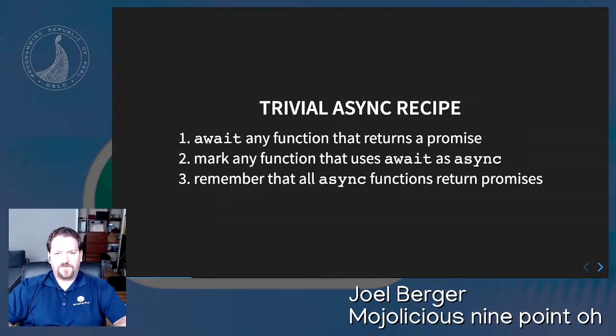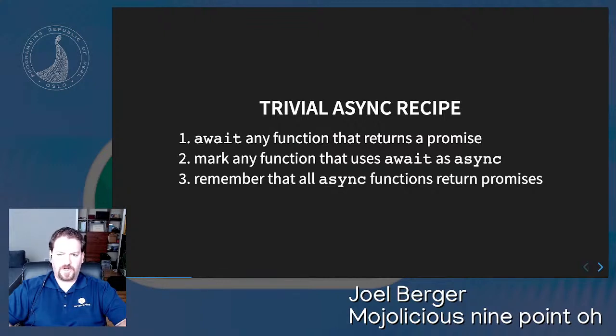One of the nicest things for me, and I like to highlight this, is that a lot of people got confused doing async both with callbacks and with promises. But with async await, you can have a really trivial recipe for asynchronous programming. The key is that you simply use the await keyword on any function that returns a promise. Secondly, you mark any function wherein you use that await keyword as async.